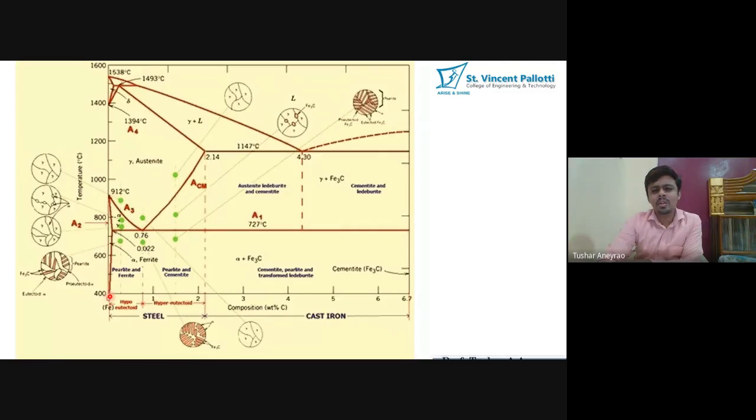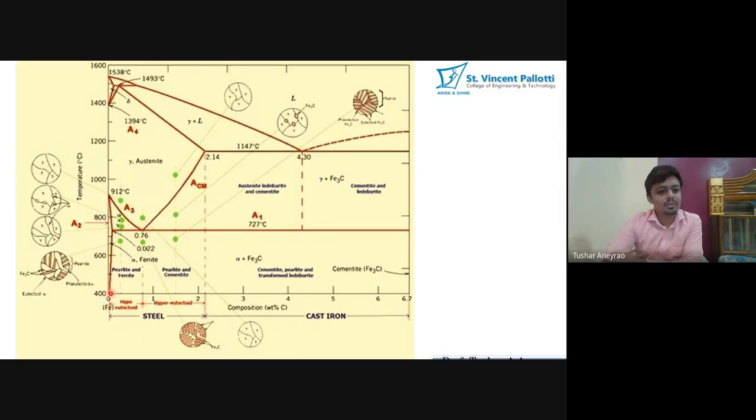Some diagrams give temperature in degrees Fahrenheit, but you should stick to one particular diagram, which gives you 0 to 6.7% carbon and 0 to 1600 degrees centigrade. Below this, only these phases are obtained.